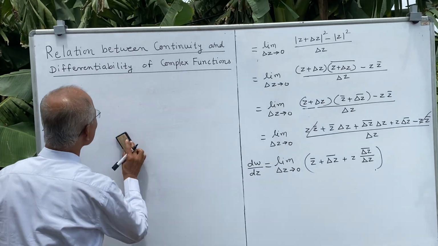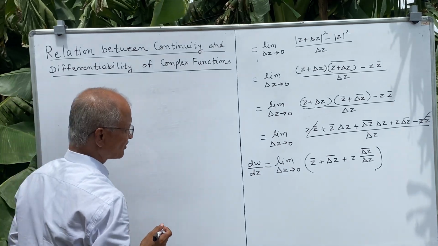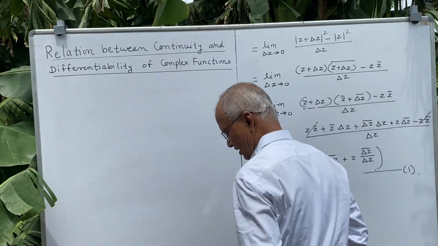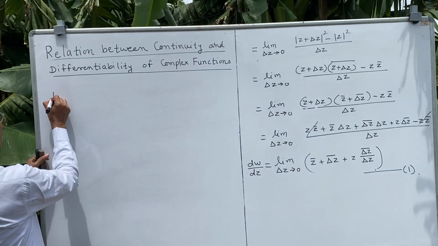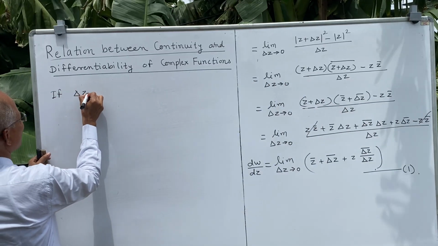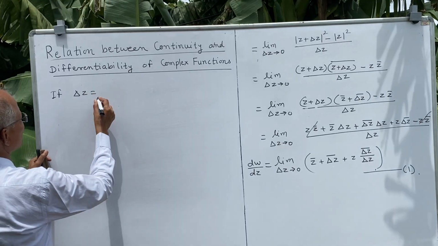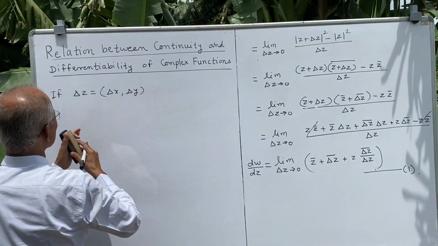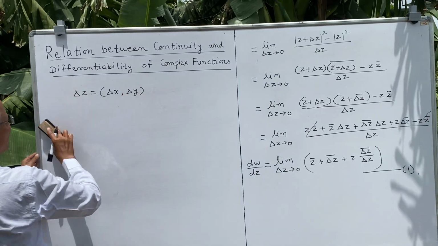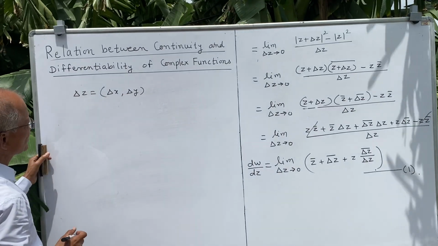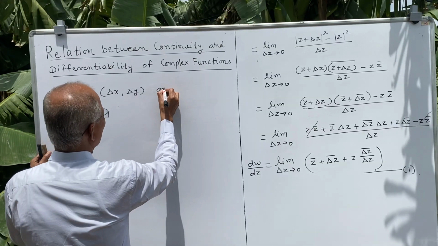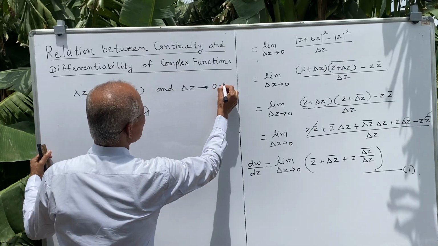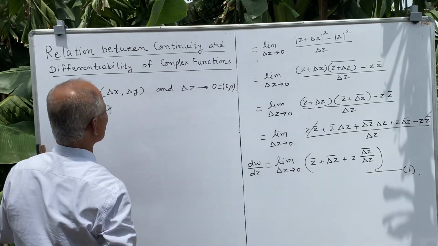Now, suppose delta z is (0, 0). Let delta z be delta x comma delta y, and delta z approaches 0 means it approaches towards (0, 0).